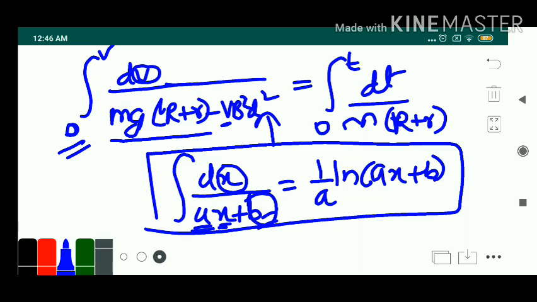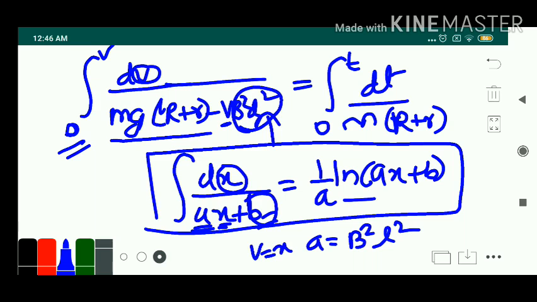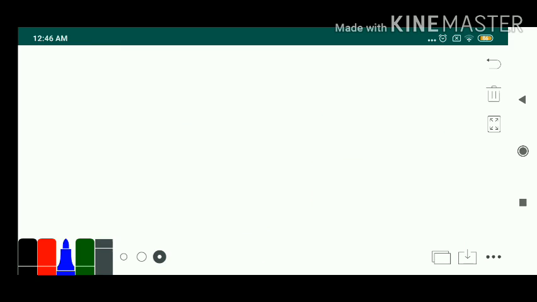So x goes off, then the a term is this B squared L squared. Compare it: which term is a? A, as per the equation, is B squared L squared, and v is like x. So you have to replace it in this equation. What does it become? Remember, there is a minus term, why?